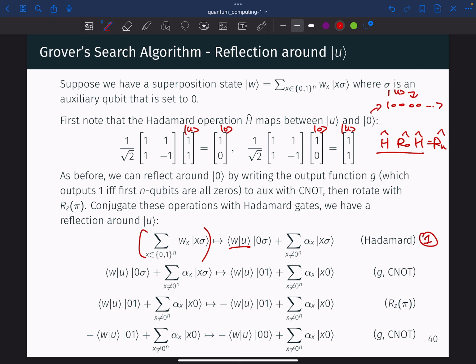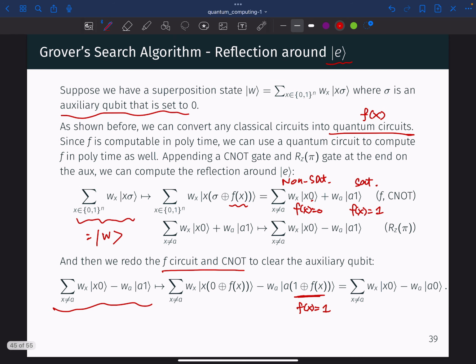The second step is to do the reflection around 0. To do that, we'll do a very similar operation as before. Previously we were doing this f, where f x equals 1 only if x is equal to a.